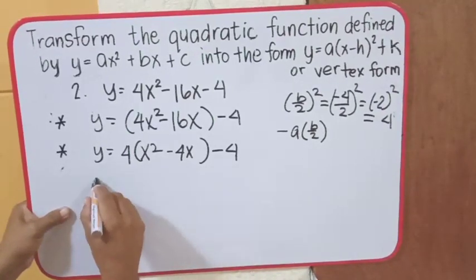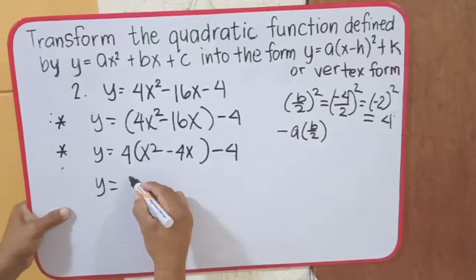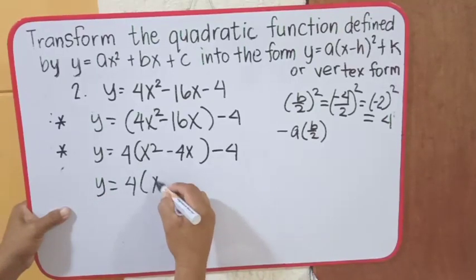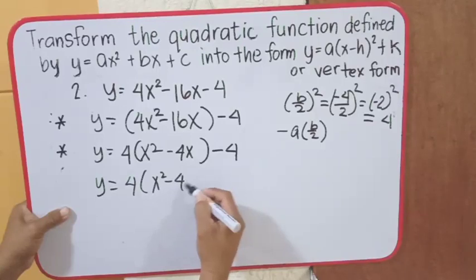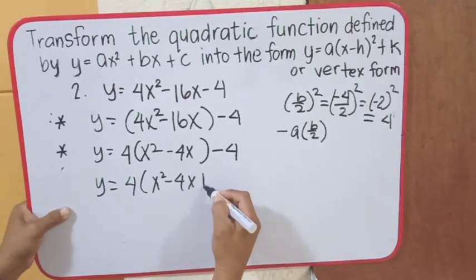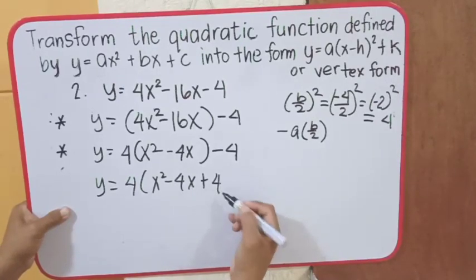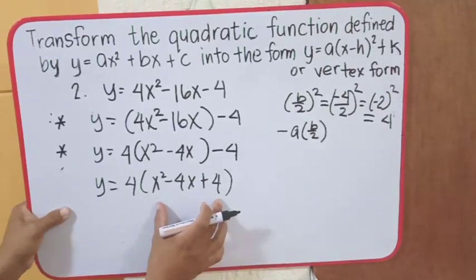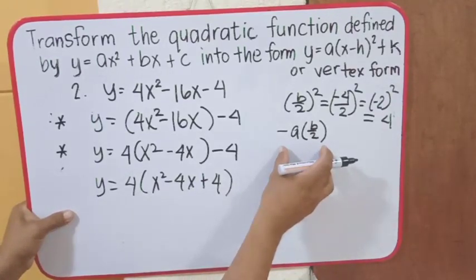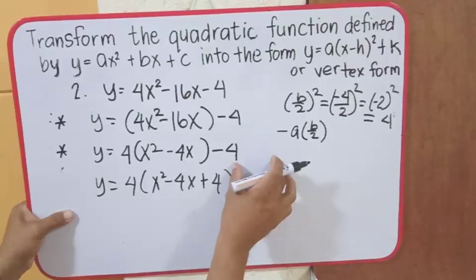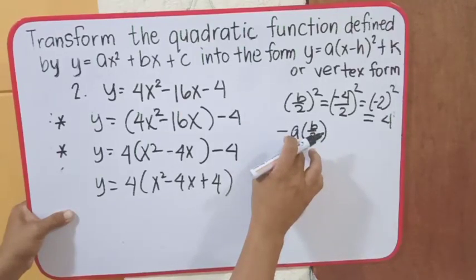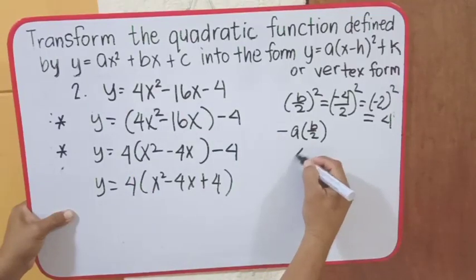Then, lagay na natin yan sa ating parenthesis. 4 times the quantity of x squared minus 4x plus 4. Perfect square trinomial na. At yung ating ma-minus sa constant, ano ba yung value ng a? Which is 4.